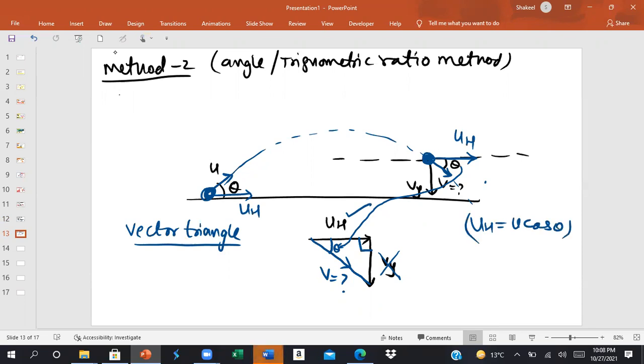And you have to find V, and one angle is 90 degrees and one angle is given. As one side and one angle are given, you can use the trigonometric ratio. So you can use cos theta equals UH over V, right? Then you can use V equals UH divided by cos theta. So this will give you the total velocity at that point.